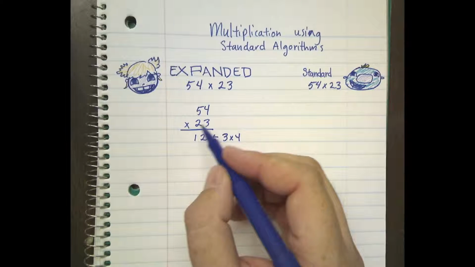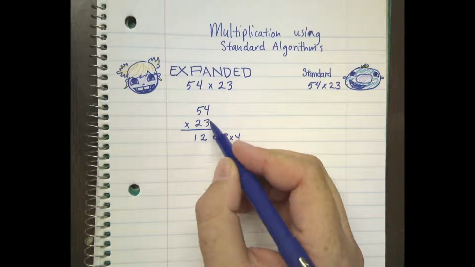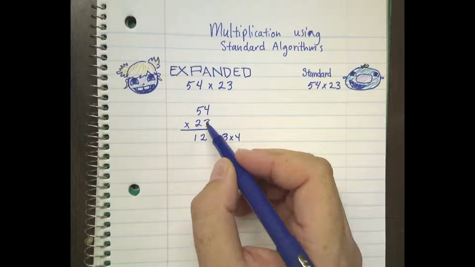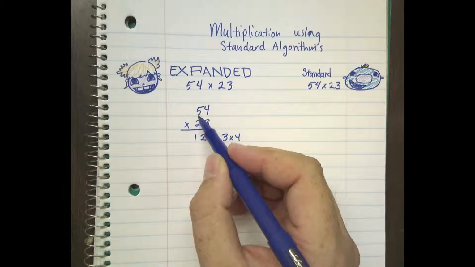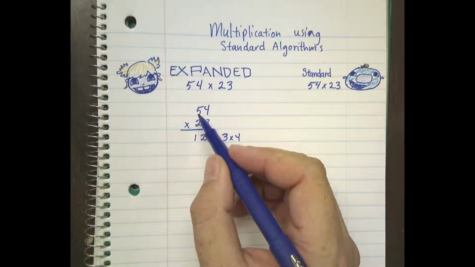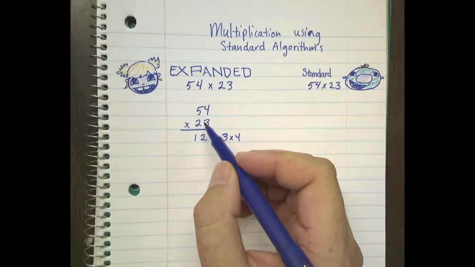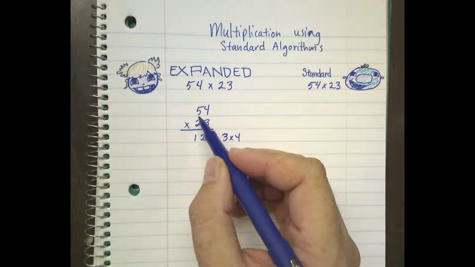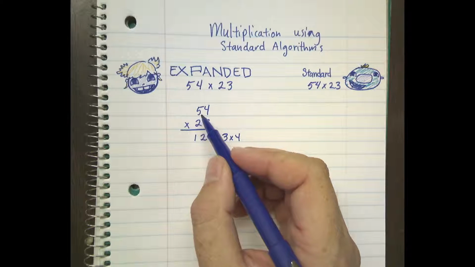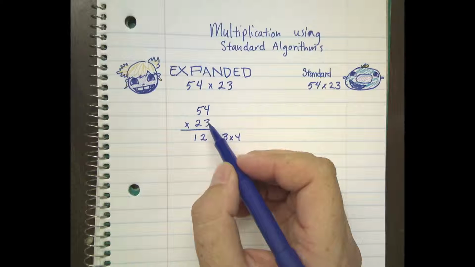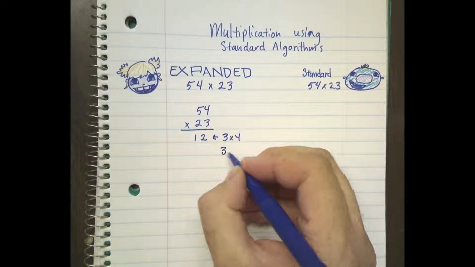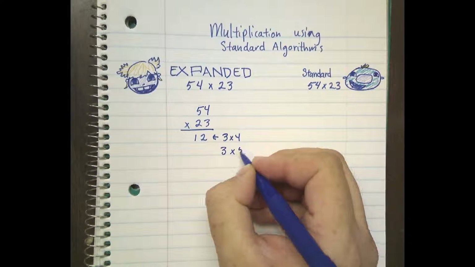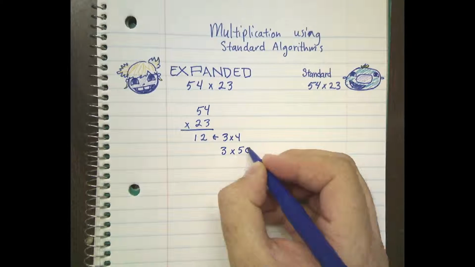And now I'm going to stick with the 3, and now it's going to be 3 times this 5. 3 times 5 is 15, but it's actually 3 times 5 tens, because that's 5 tens and this is 4 ones. So I'm going to write 3 times 5 tens, which is 50.